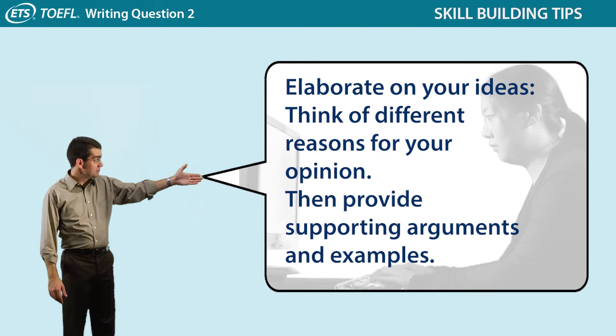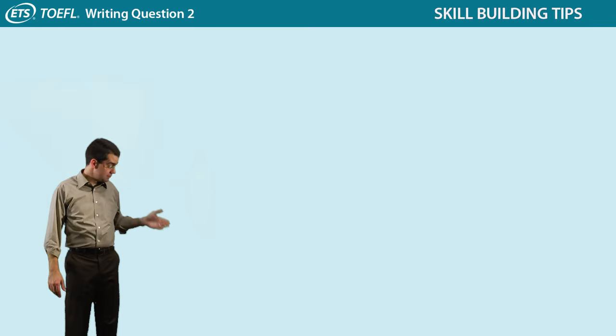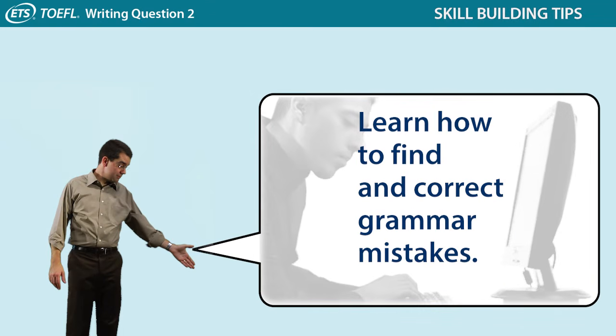Practice by thinking of different reasons why you feel a certain way about a topic. Then provide plenty of supporting arguments and examples for each reason. 3. When you practice, you may find that you're making the same kinds of grammar mistakes over and over, so learn how to correct them. Then when you write, leave some time at the end to go back and revise to make those corrections.